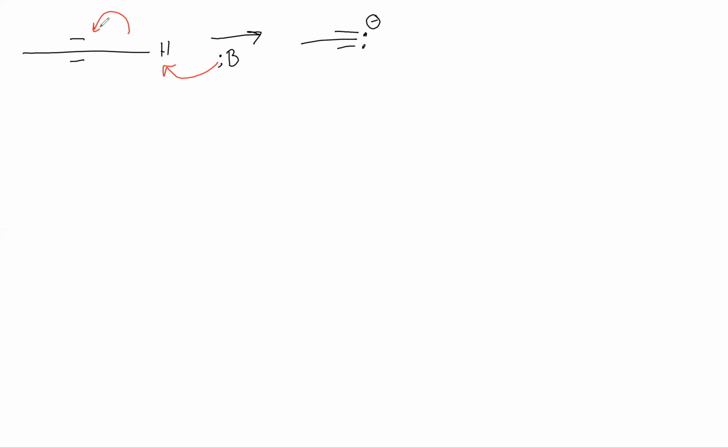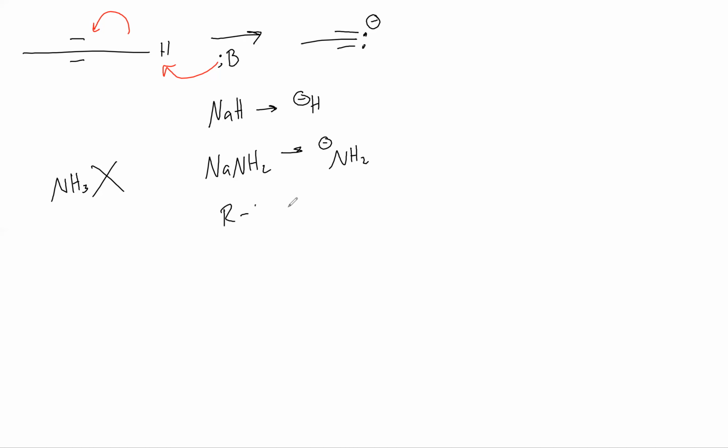The bases that will do this are going to be NaH, because that forms a negatively charged hydrogen ion, NaNH2, not NH3, because this will dissociate into NH2 minus, and an organolithium. What we mean by organolithium is we have an alkyl chain connected to a lithium, because this will dissociate into a negatively charged alkyl group, which then will attack that hydrogen as a very, very strong base.